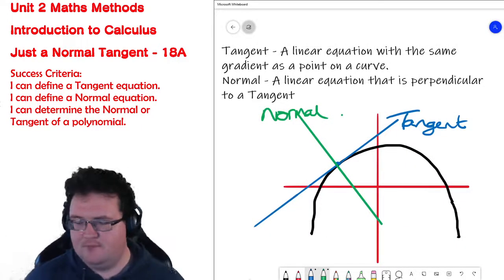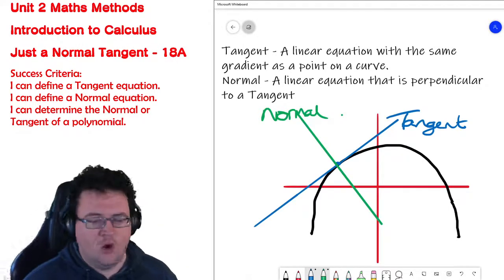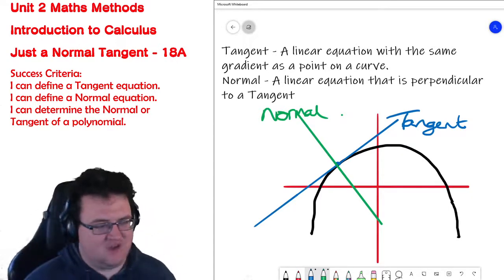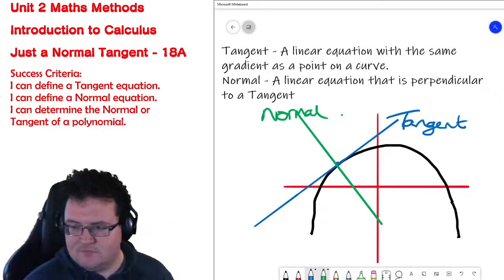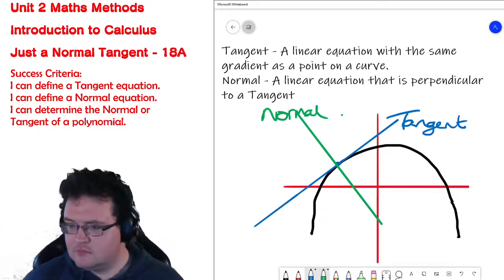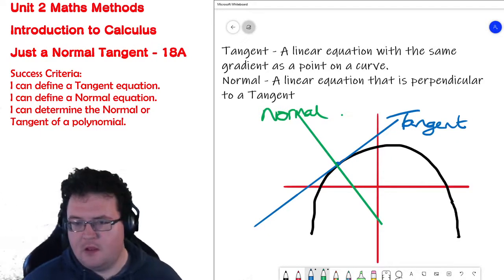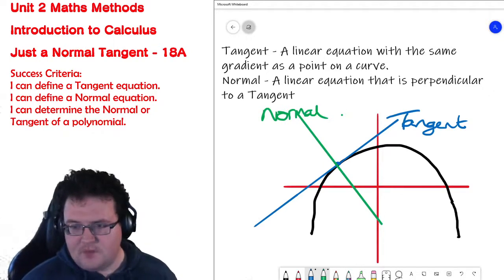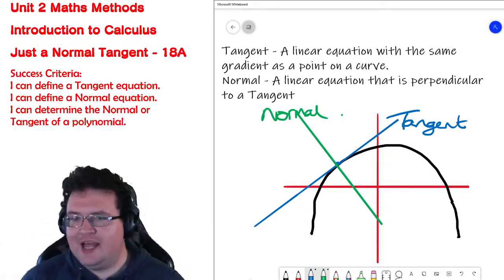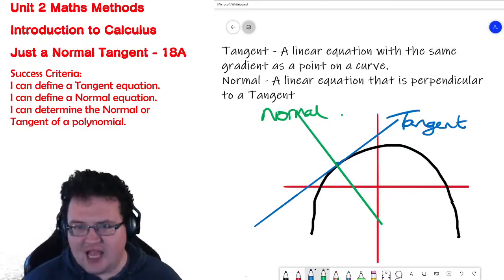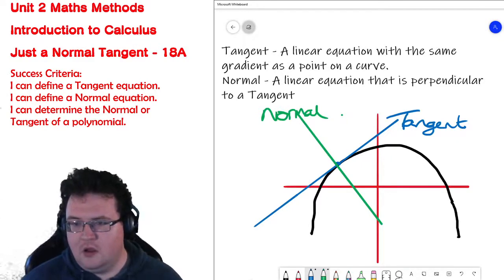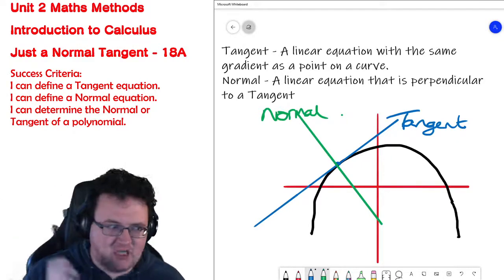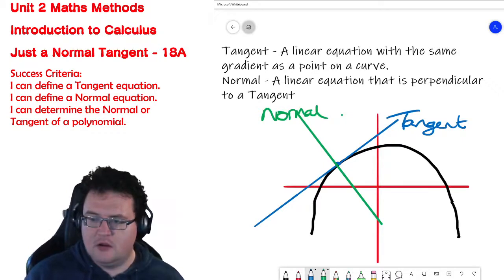Now, for something to intersect at 90 degrees, do you guys remember how you calculate the gradient of a perpendicular line? There's a rule that it must satisfy. A normal has a gradient that is exactly perpendicular. A tangent has the same gradient. All right, so the tangent has the exact gradient of that point on the line. A normal is perpendicular.